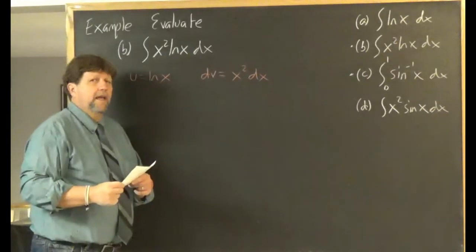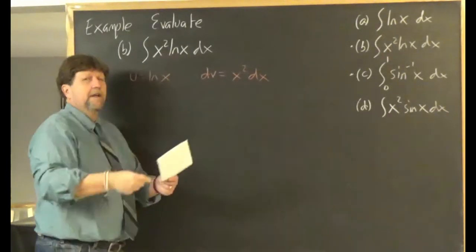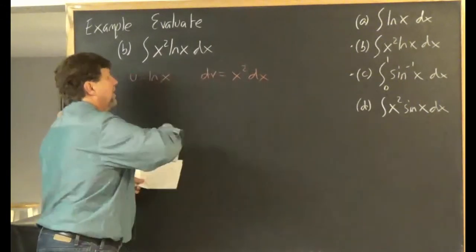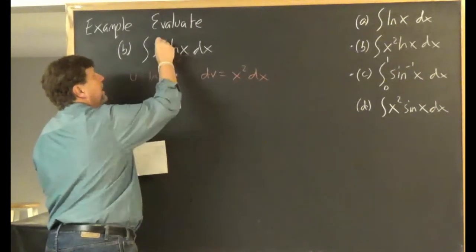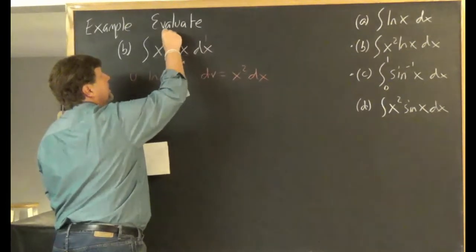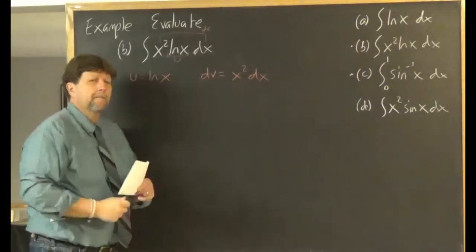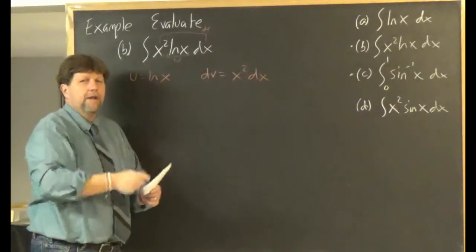So if you're thinking, is that legal? I thought the first thing that we saw had to be u. No, it's the whole thing together. So I'm making this u. And the x squared dx, that's dv. Doesn't have to go in order. What you see first is u and then the rest is dv.